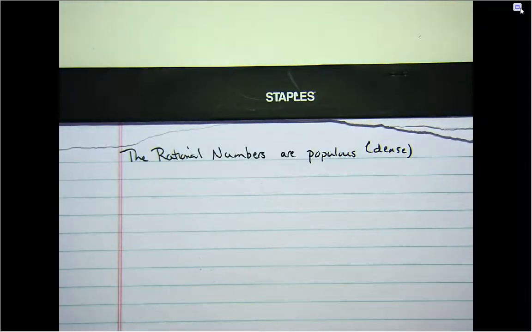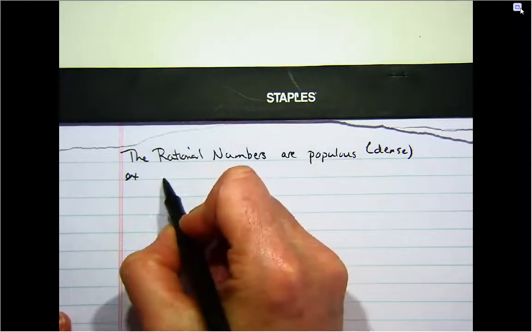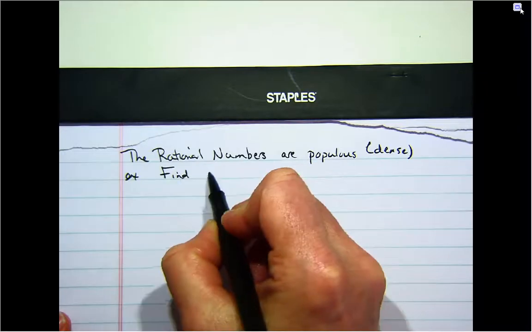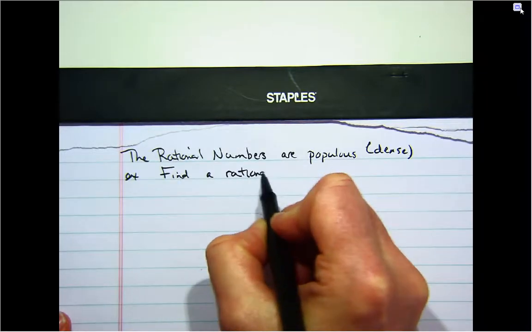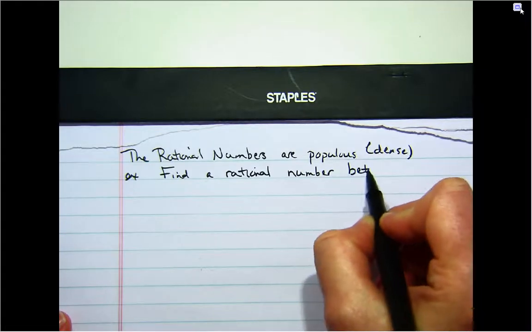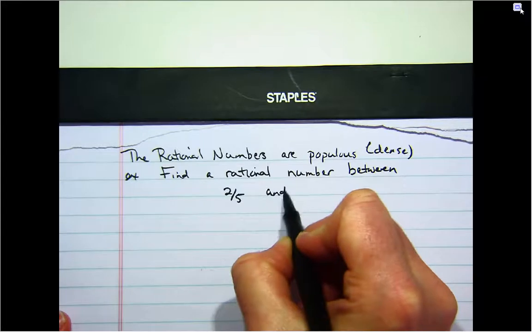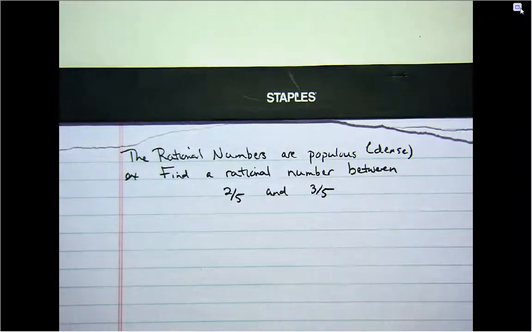And by dense, well, let's see what I mean by dense. Kind of like thick. Here, let's show some examples. Find a rational number between 2/5 and 3/5.